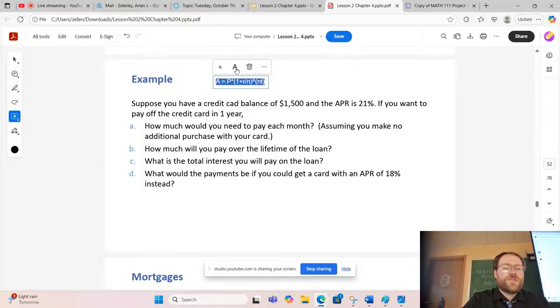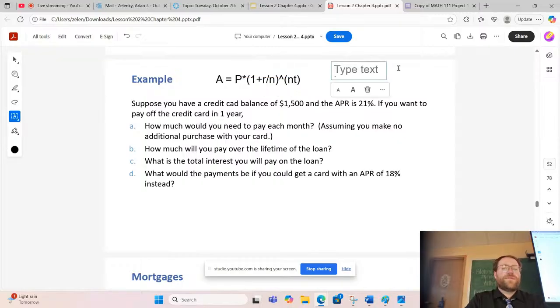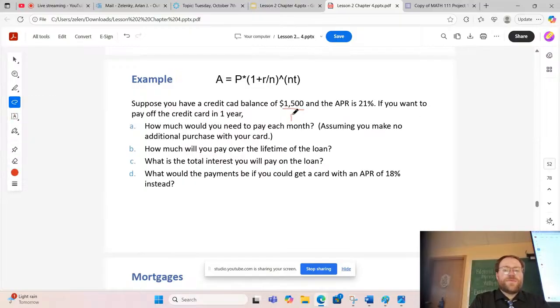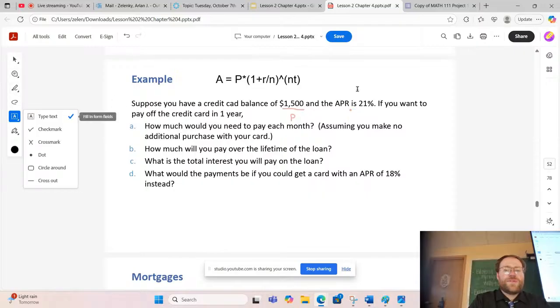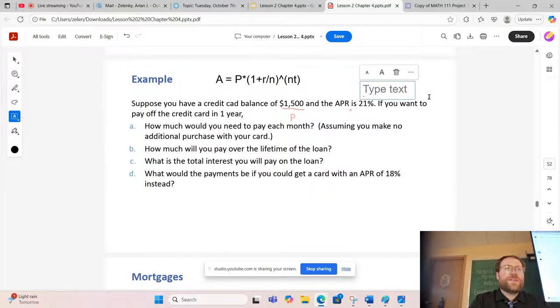That's the overarching formula that we're going to need. The 1,500 there is going to be the principal, and the APR of 21% means r is going to be 0.21.